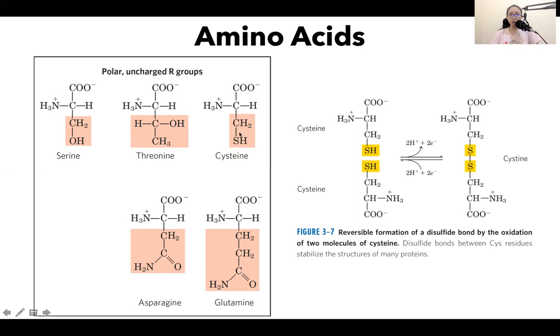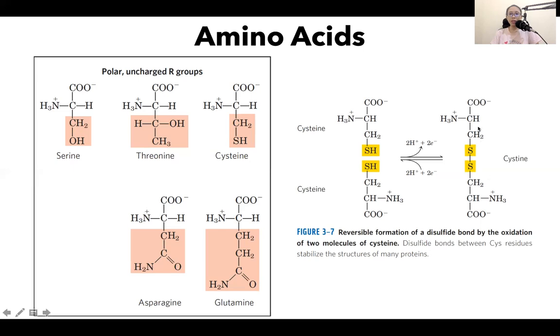Worthy of mention among these is cysteine, because cysteine can form disulfide bonds. So if you have two cysteine molecules, these can undergo oxidation, and you have two sulfur atoms bonded to each other, in the process releasing two protons and two electrons.